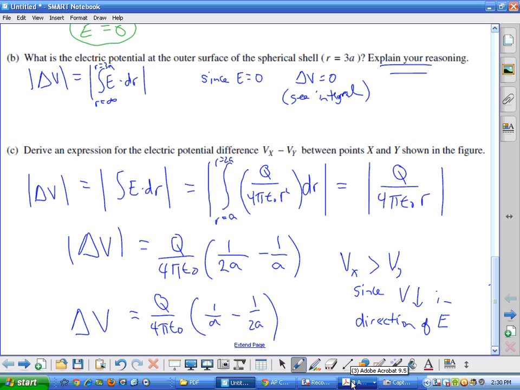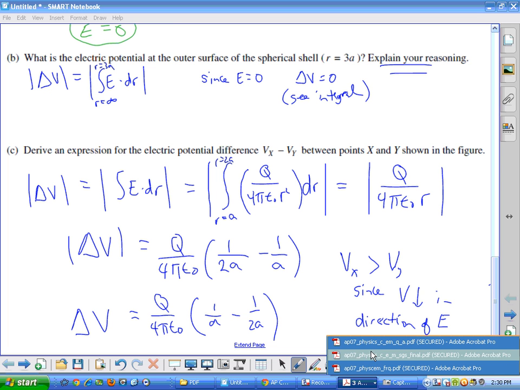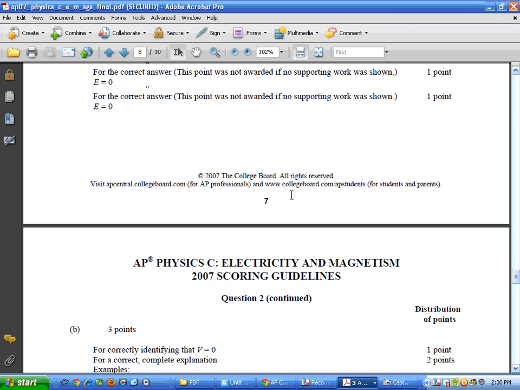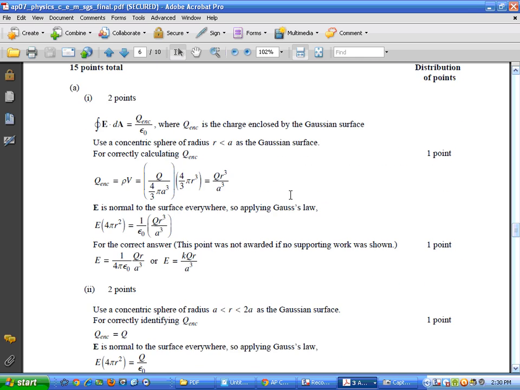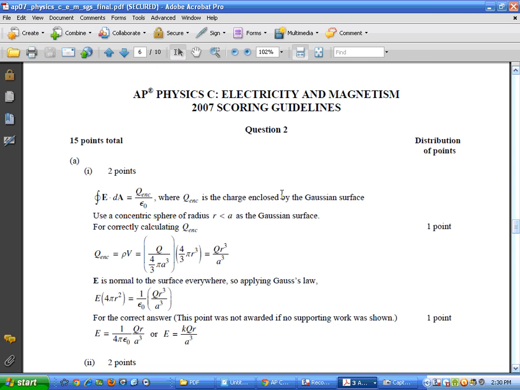Just quickly going through how they would have broken down the points for this problem. Part A, part 1, the electric field inside the sphere, was worth 2 points. 1 point was for calculating the enclosed charge, and 1 point was for the correct answer.